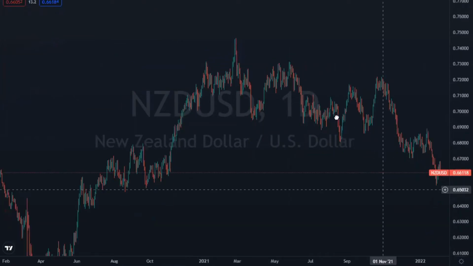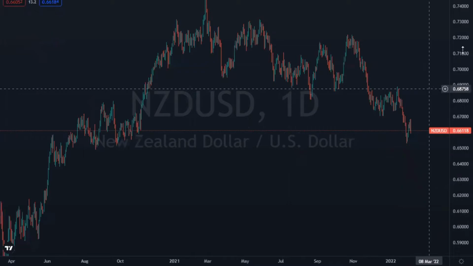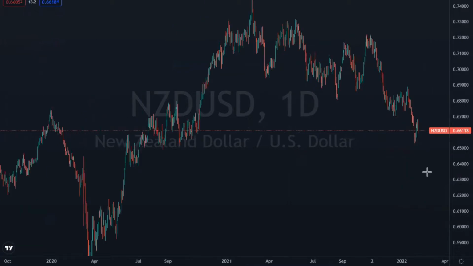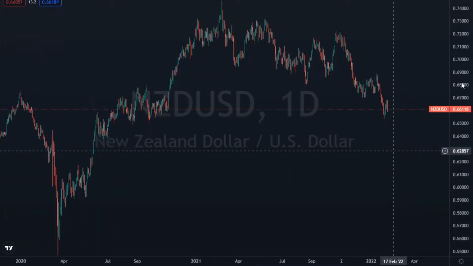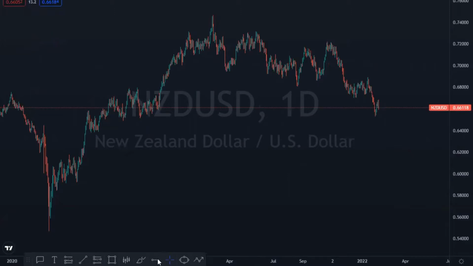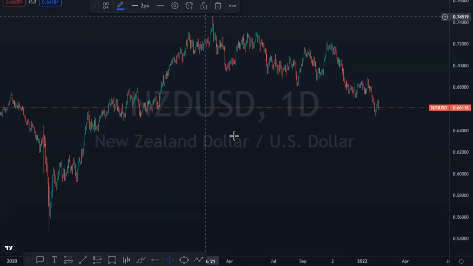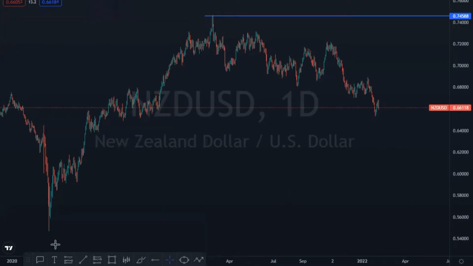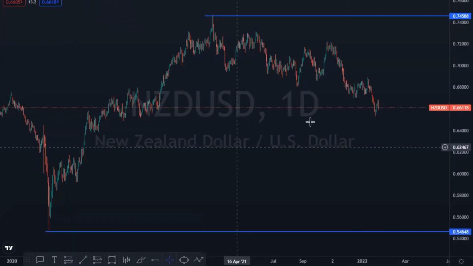So normally when we start analyzing, we start from a higher time frame, going down to a smaller time frame. So we start from the daily, going down to the 15 minutes. The first thing that we are going to do is identify our high and our low. So this is our high on the daily time frame, and this is our low on the daily time frame.